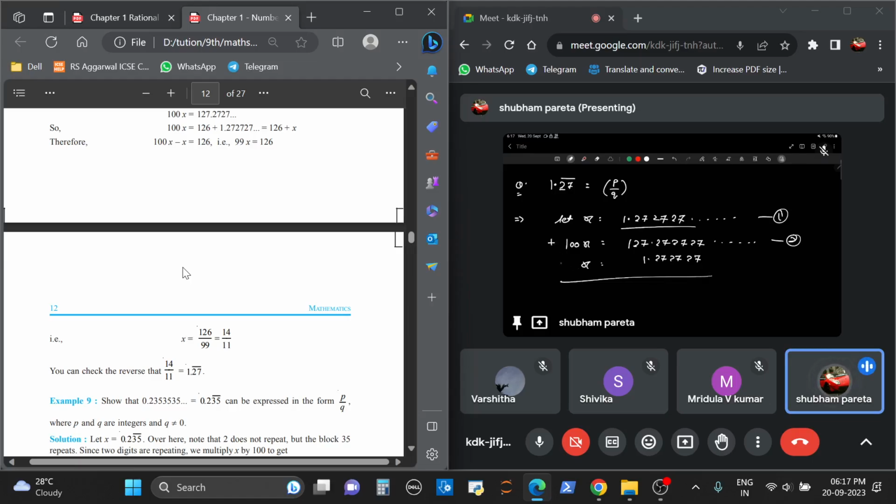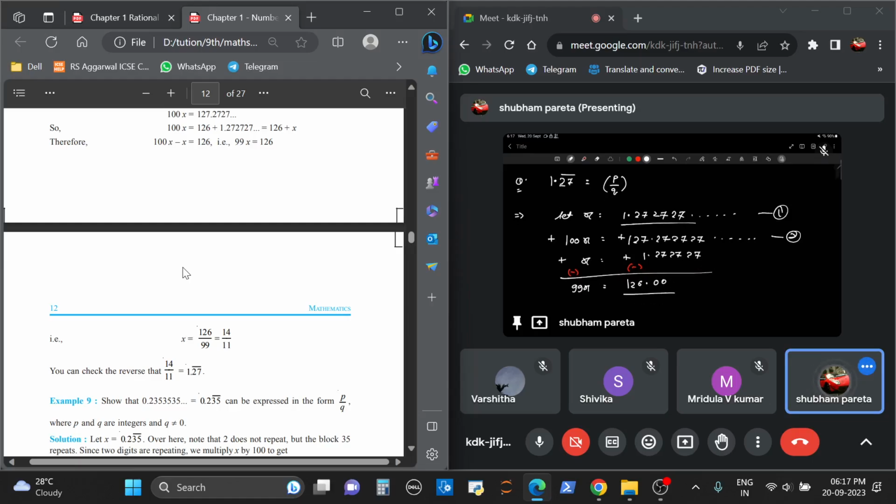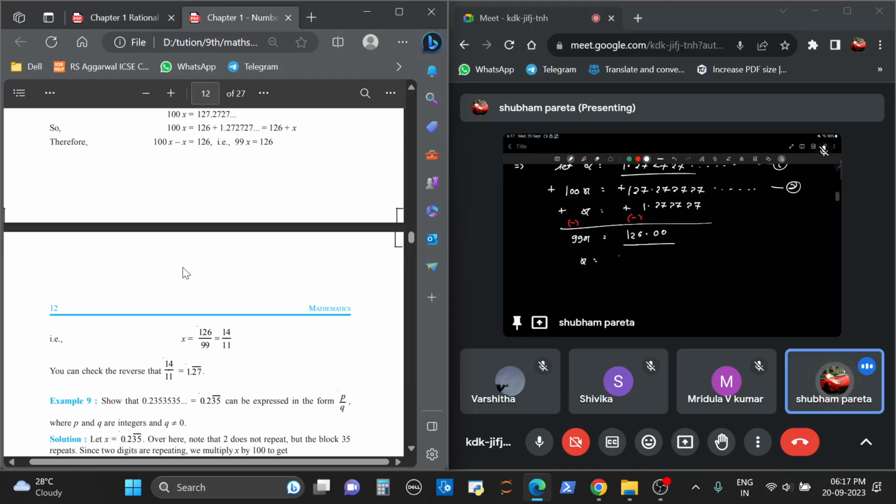So the x terms subtract, and this will become 99x and the right side will become 126, because the whole repeating part gets cancelled. So we are getting 126 upon 99.